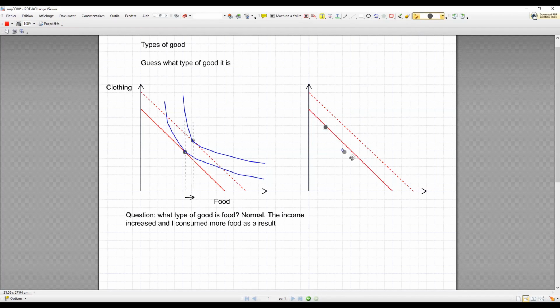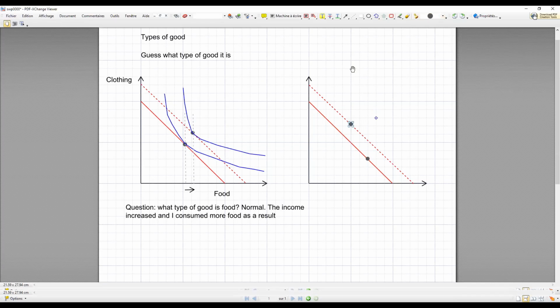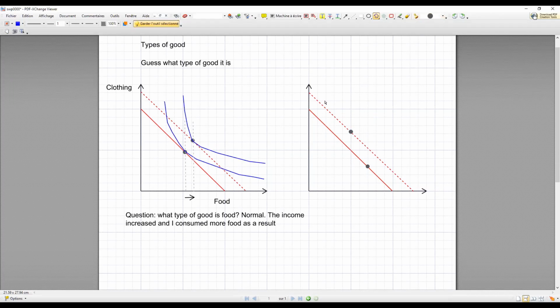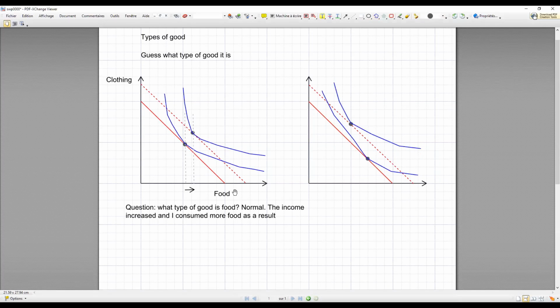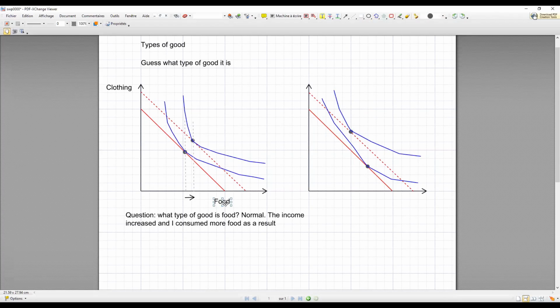I want there. And there. All right. Then I have to draw my budget lines properly. That's one. That's the other. Then let's just see, I have food and clothing.